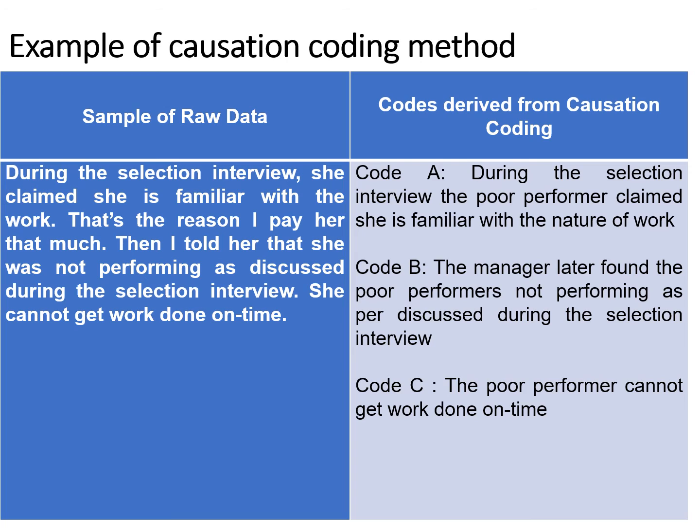And based on the raw data, the role of the researcher when doing the causation coding is to pick up three interrelated codes that can explain what has caused what. Meaning code A has caused code B, and code B has caused code C.